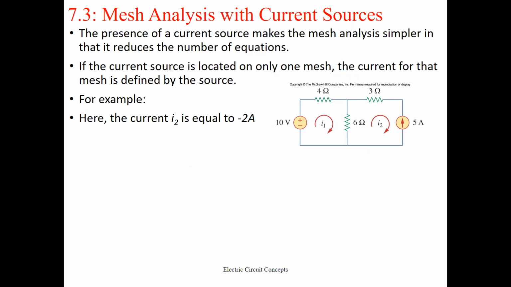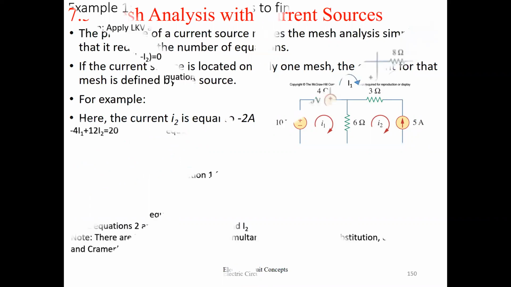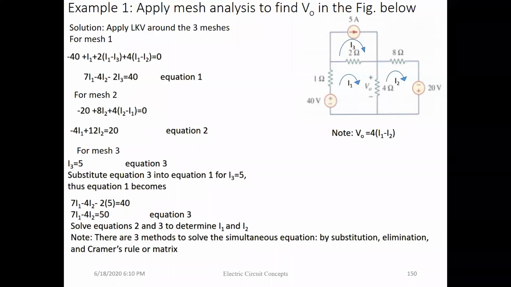Okay, so let's see how to proceed. It seems here in this example that we have 3 meshes, which means we have to solve for 3 equations. But in fact, we only solve for 2 equations. Why? Because I3 will be given. Because mesh number 3 has a current source on the side.